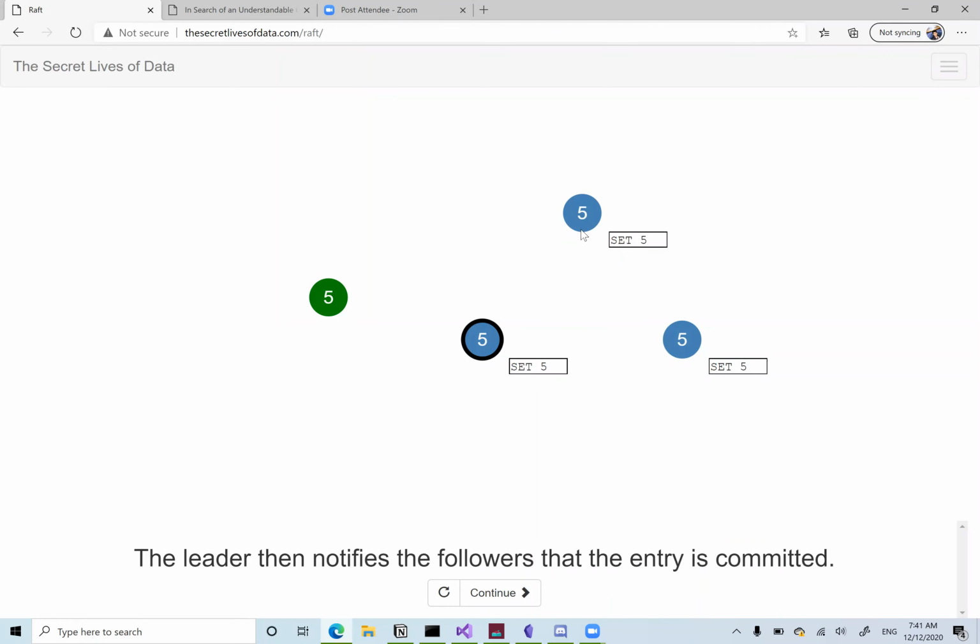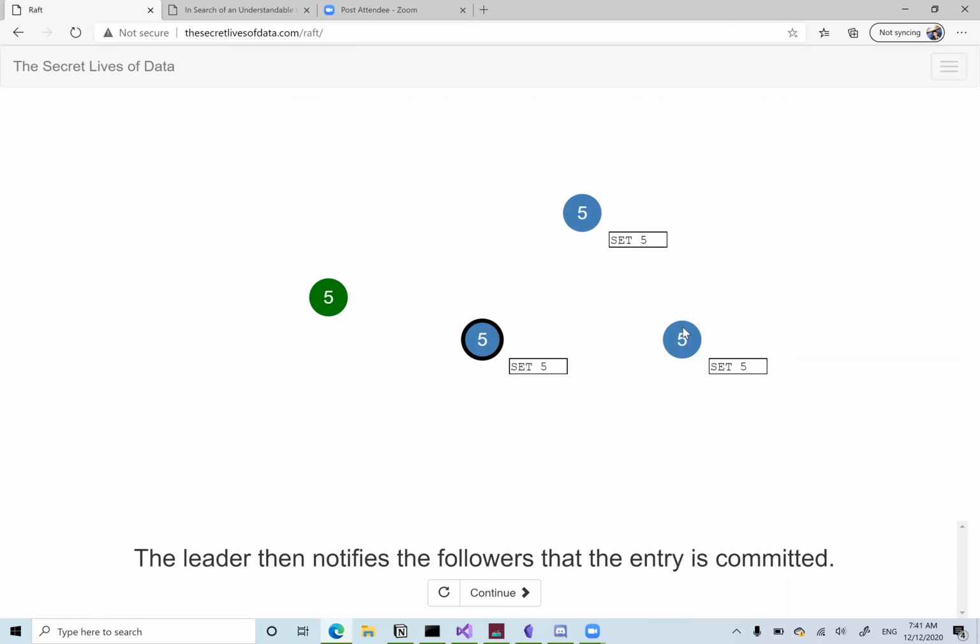One of the nodes will become leader. Let's say this node becomes leader. This node will see that the value of set 5, which is in an uncommitted state, is also the same in the other node. So it will see that a majority of the nodes in the system have this value in the uncommitted state, and it can say that this is the correct value.